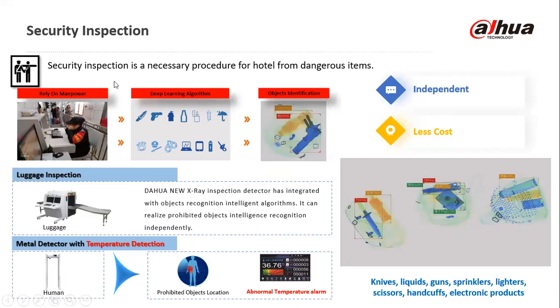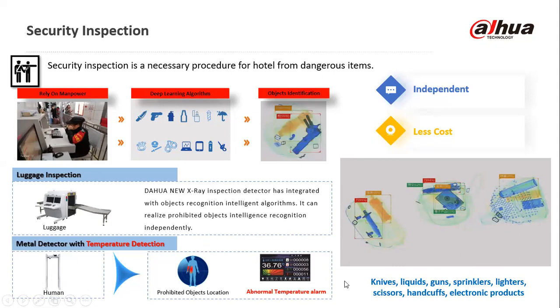For the security inspection, as I said before, this one is more of the high-end hotel case. At the time of receiving your clients to the hotel, we provide solutions for things like luggage inspection. Our X-ray system can identify between organic and inorganic products, including objects like knives, guns, sprinklers, and lights, to a point where you don't need to interpret it yourself.